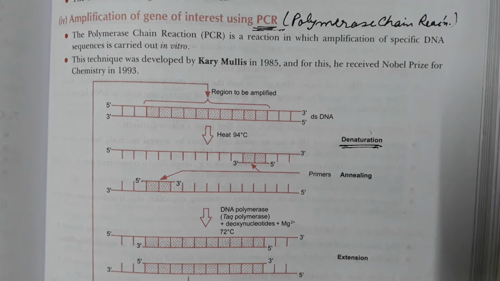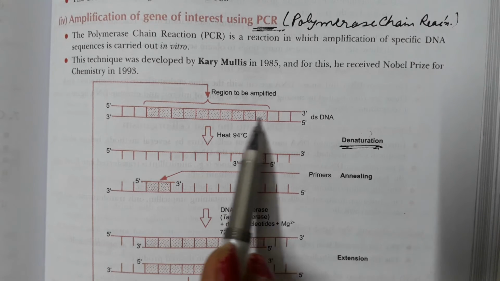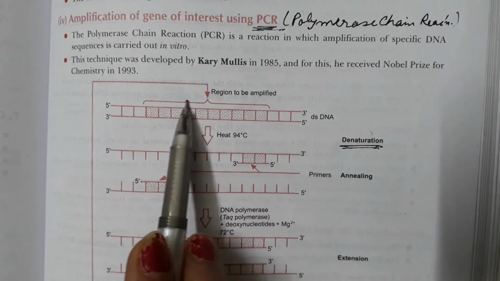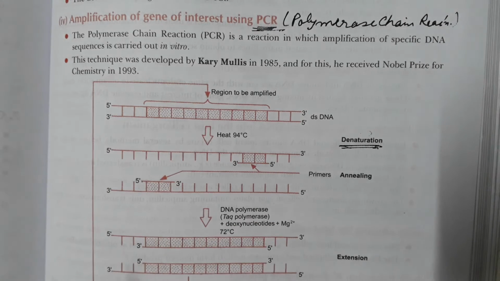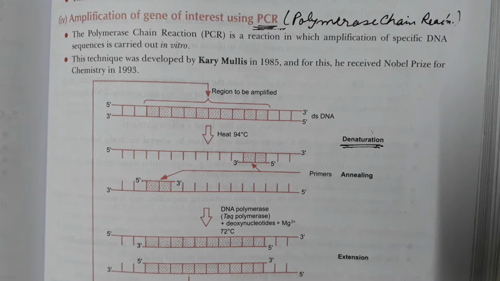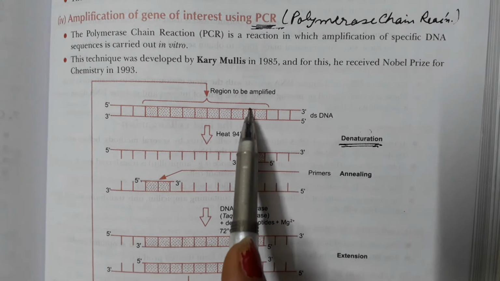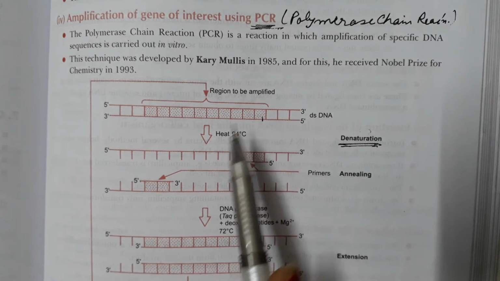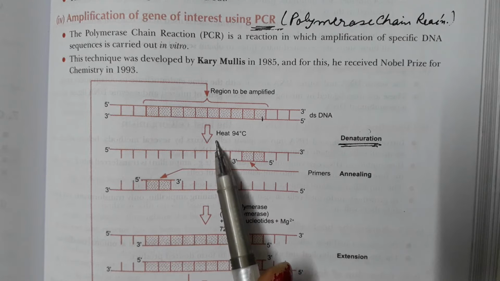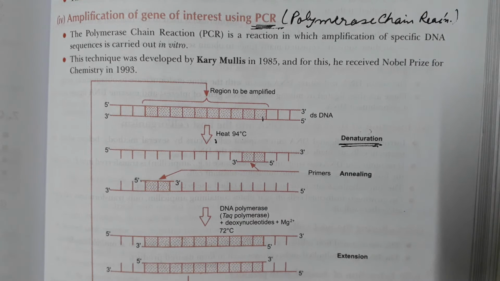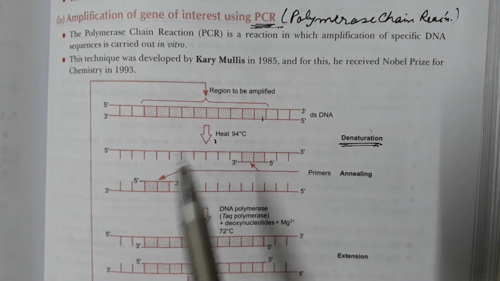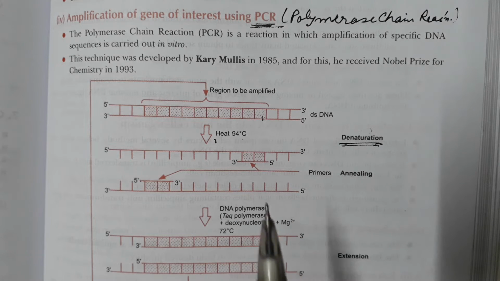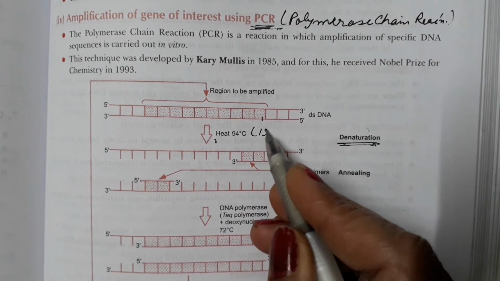This is the double-stranded DNA, the sample from the blood stain which we want to amplify. The double-stranded DNA is denatured by subjecting it to a high temperature of about 94 degrees Celsius, only for a short period of time, about 15 seconds.